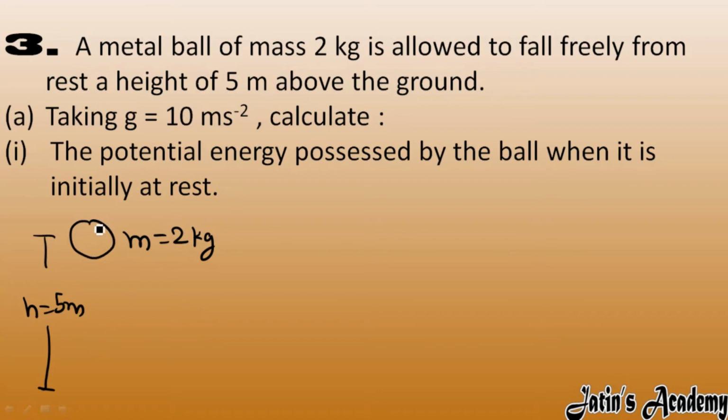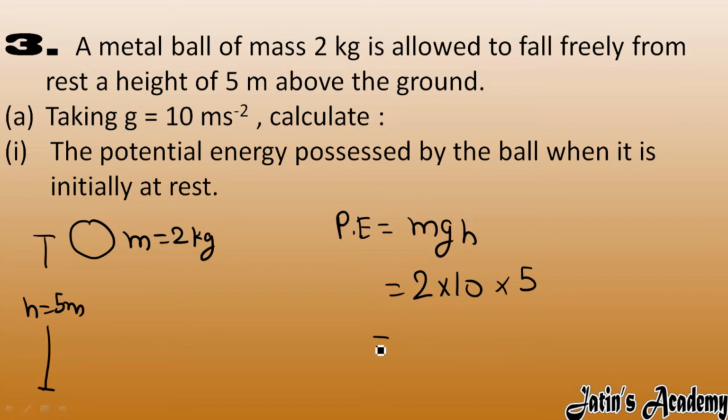Initially the ball is at some height, so it possesses potential energy, which is mgh. Mass is 2 kg, g is 10 meter per second square, h is 5 meter. When you multiply, you get 100 joule. So the potential energy is 100 joule.